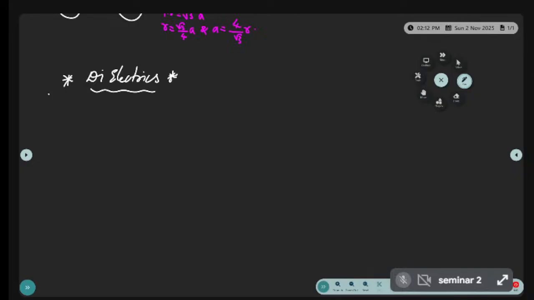Is any capacitor visible? No. Give an example where you can see one.